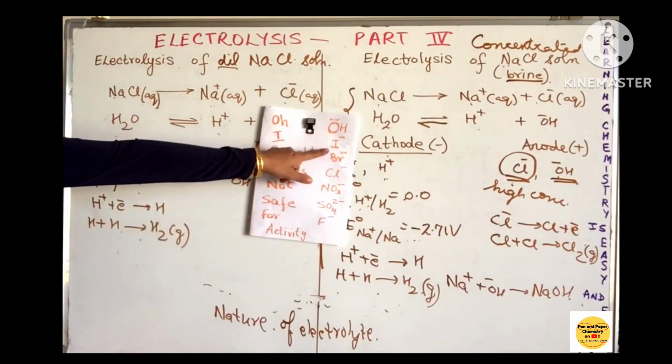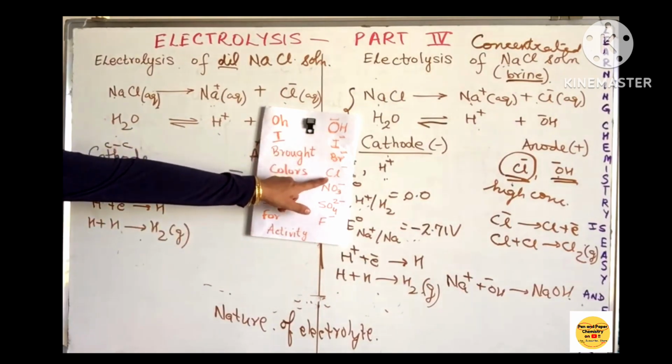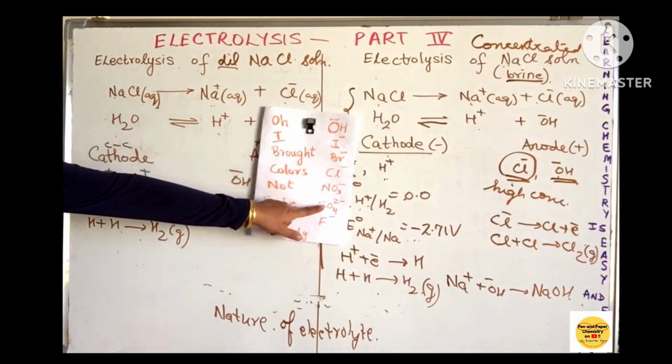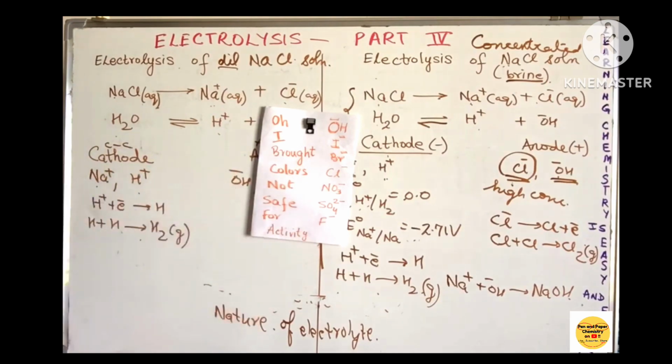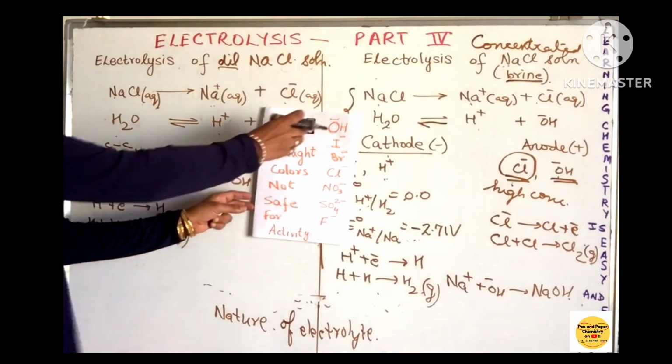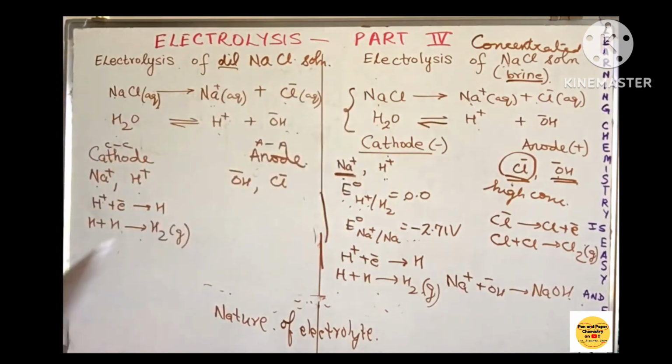OH-, I-, Br-, Cl-, NO3-, SO4 2-, F-. And activity is for the activity series of anions. You can devise your own sentence also, in whatever language you are comfortable with, so that you can relate to it. This is something that I devised impromptu and I am sharing it with you.